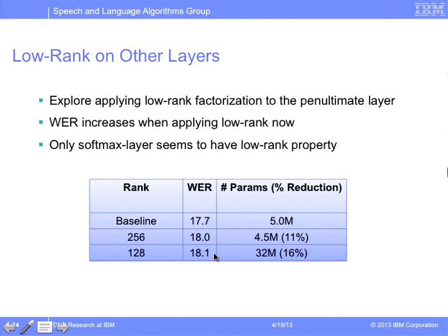But basically, we don't get any reduction in the word error rate, and we get a very small reduction in the number of parameters as well. So it seems that it's really only the softmax layer that has that low rank property. The other layers in the network don't have that property.